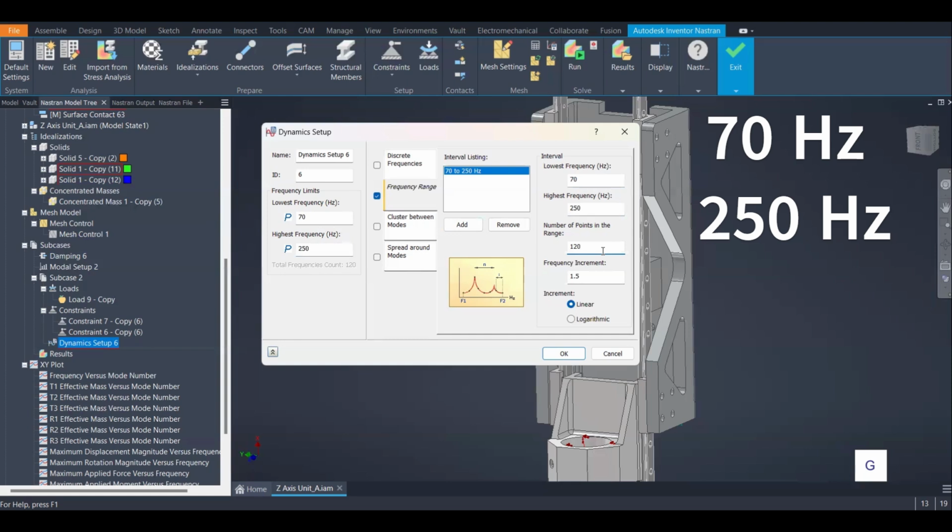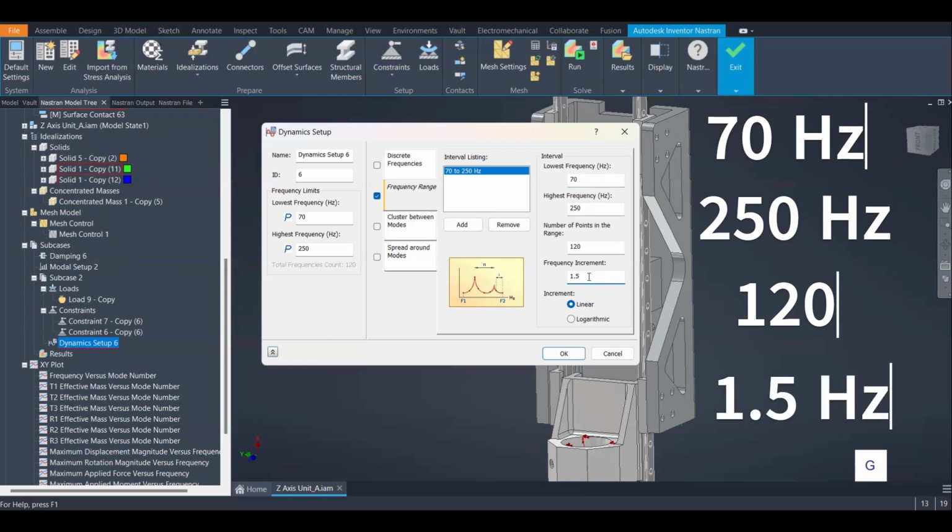Then we have the number of points in the range. It is as simple as the number of frequencies that it is going to calculate. Based on that number and the difference between frequencies, you're going to have the frequency increment. That is basically saying that every 1.5 Hertz, I will have a result.